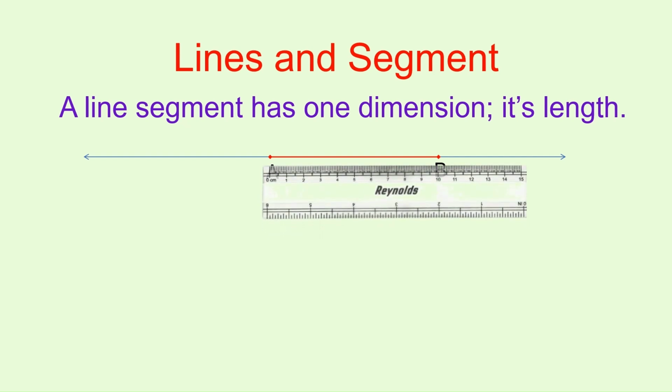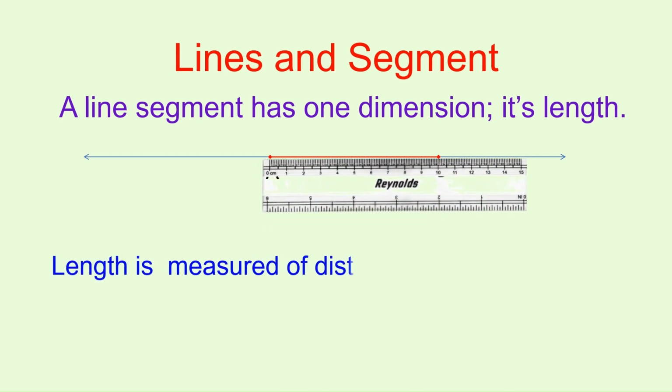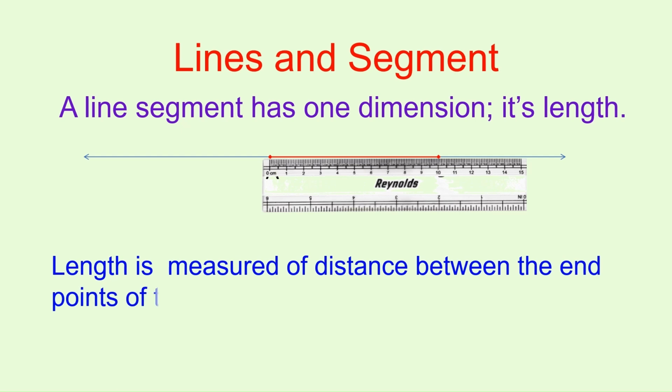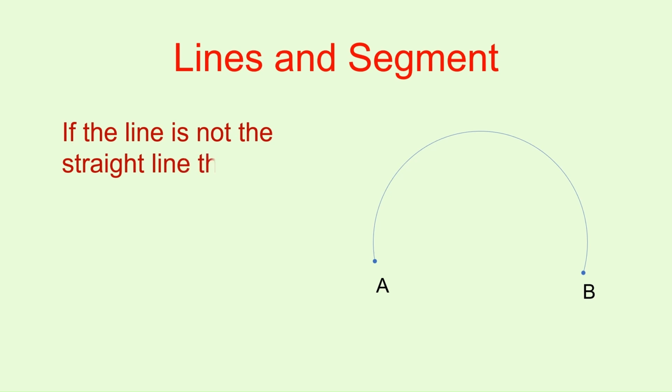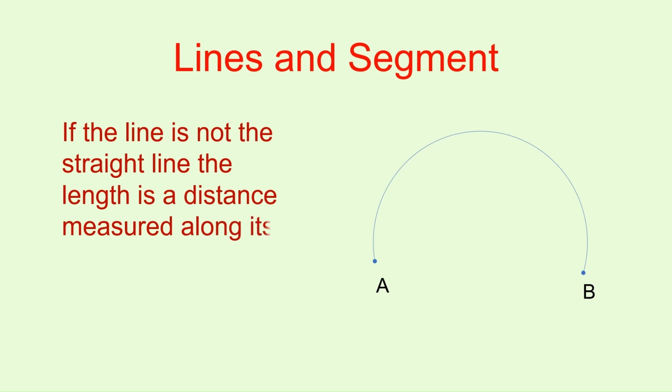The length is measured as the distance between the endpoints of the line segment. If the line is not a straight line, the length is a distance measured along its path.